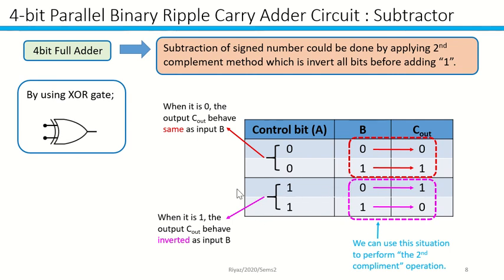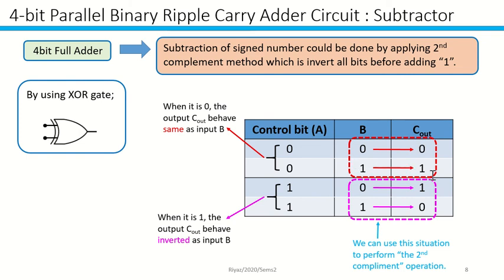Now, what we're going to do is use the input A as a control bit and B as it is, and Cout as the output. Whenever input A is 0, we're going to have the Cout behave as input B. If you see over here, whenever input A is 0, the Cout is behaving similar to B. So it started with 0, it becomes 0.